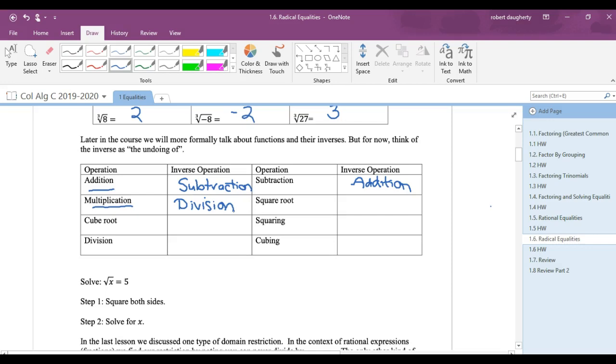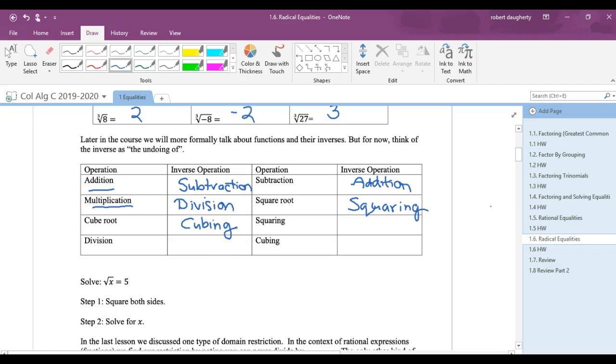What is the opposite of taking the square root? The opposite of taking the square root of a number is what? Squaring it, okay? The opposite of taking the cube root is what? Cubing the number, okay?